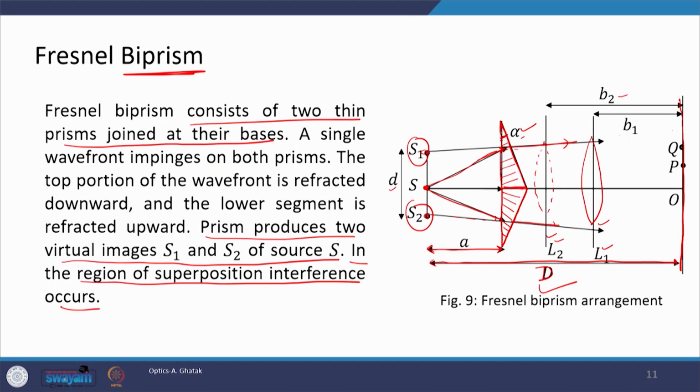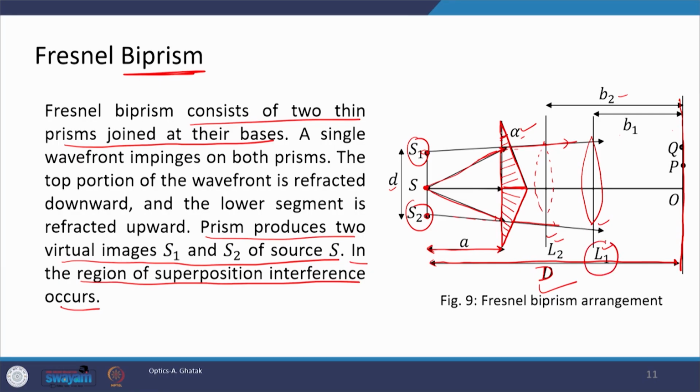Now, when we move the lens in this longitudinal direction, for two positions of the lens we will see clear images of the two slits or two virtual images of the source, which are S1 and S2. For each of these two positions, using the eyepiece micrometer, we can record the separation between the two sources.